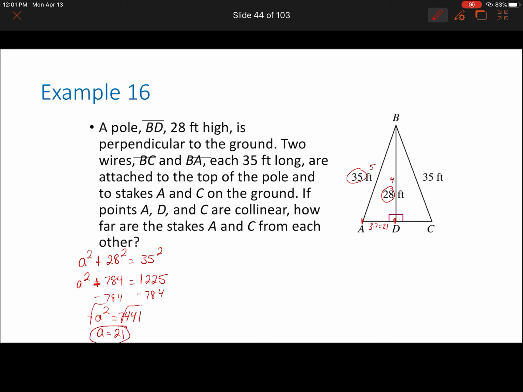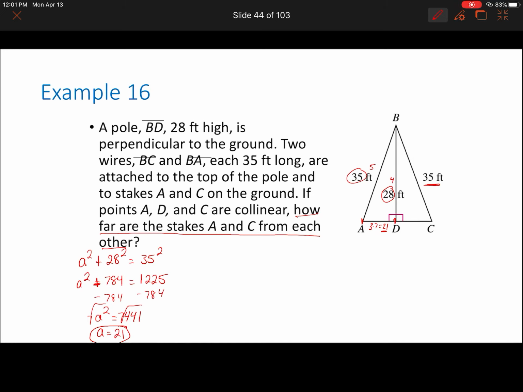Now, that's what we said just a second ago. All right, we said that this side should be 21, but that is not what the question asks. The question doesn't say how far is A from D. The question says how far are stakes A and C from each other. Well, if BC is 35 feet, you've got the same measurements.